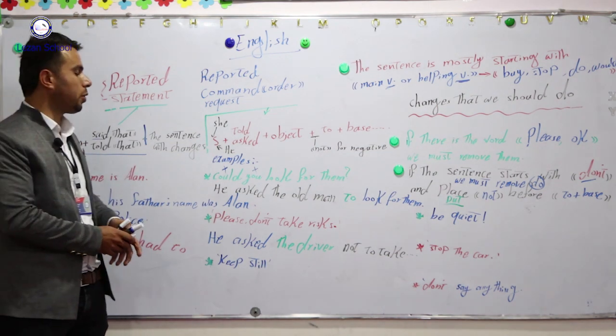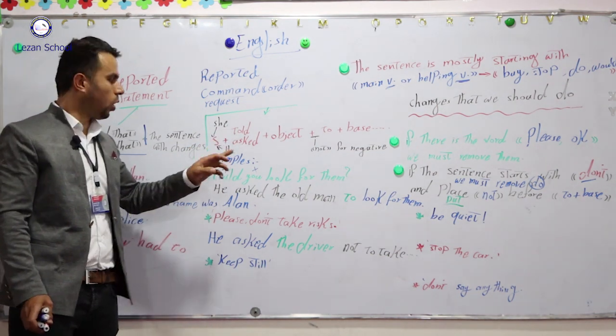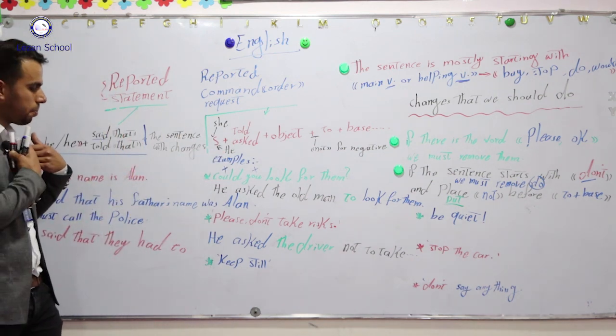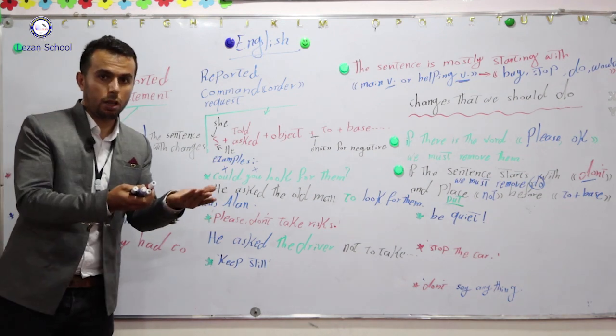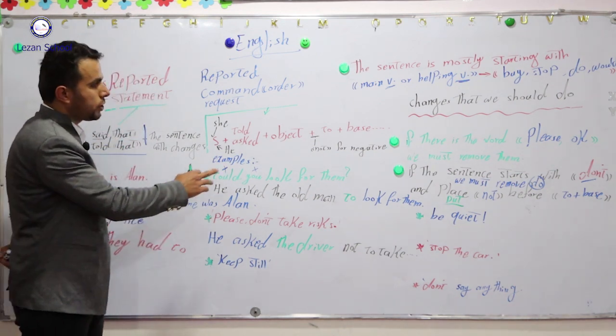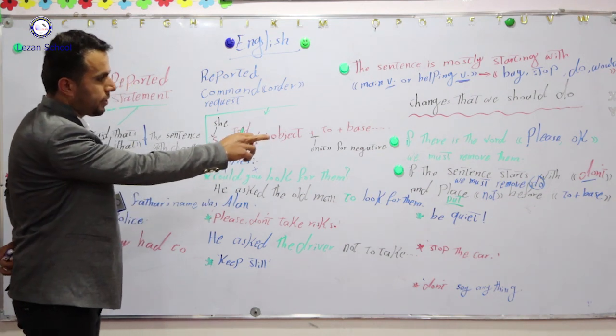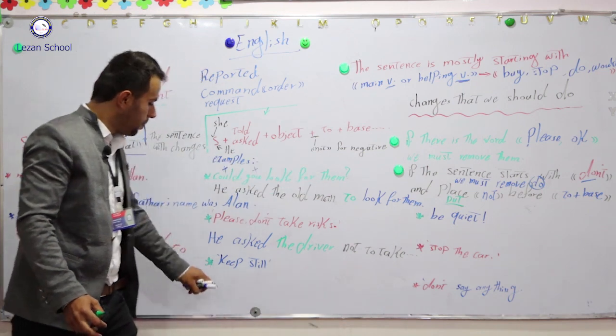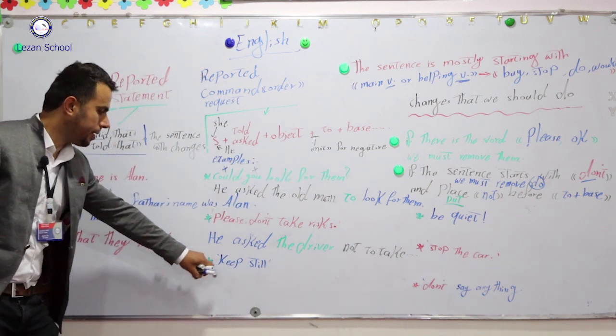So what shall we do? We have to use told. He told me to keep still. According to the rules, there is not the word please, and the sentence is not starting with don't, so it's an order, it's a main verb.